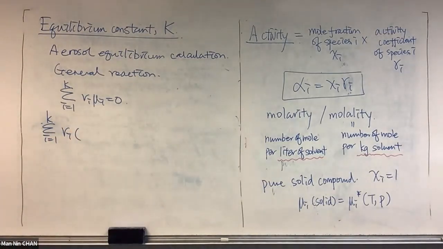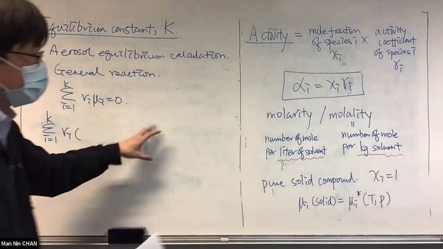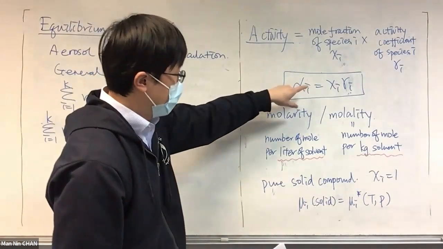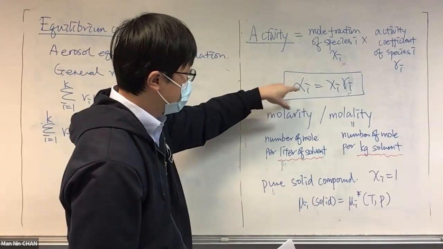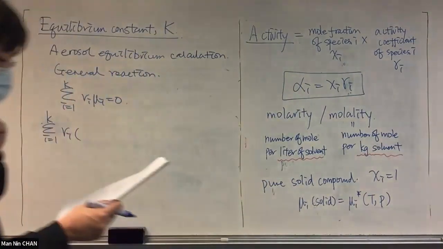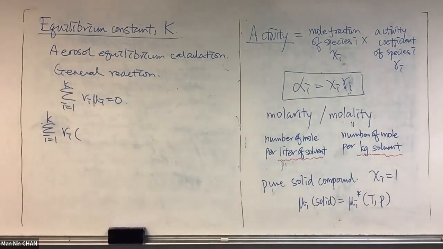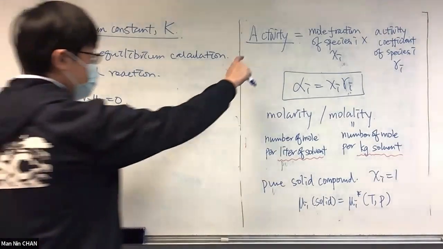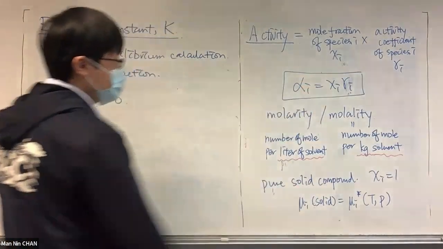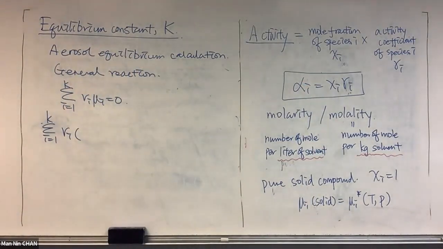So let's say we bring it more in general, not just the solution, maybe the gas phase also. But the idea is, remember when you look at the concentration terms, you need to look at the activity. More important is to look at the activity, so you're not looking at just the concentration here. You need to correct the deviation from the ideal solution.